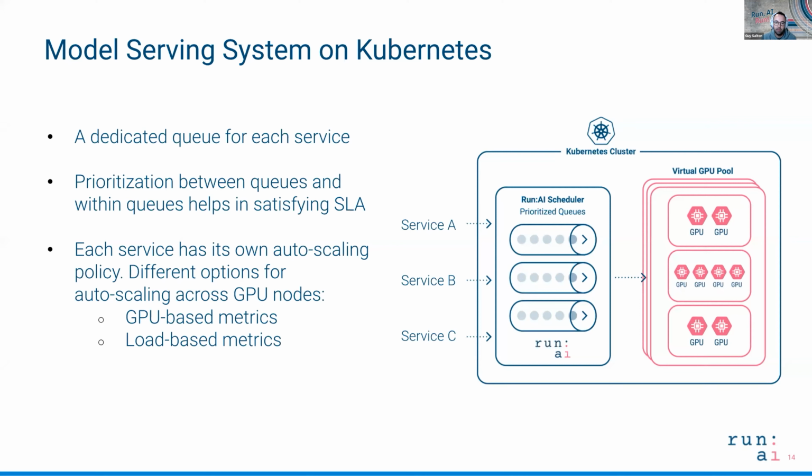And as was discussed in earlier talks today, Kubernetes is the new standard for container orchestration. Data scientists like to use containers. They want to use Kubernetes. What we did in Run AI is we built a model serving system on top of Kubernetes.